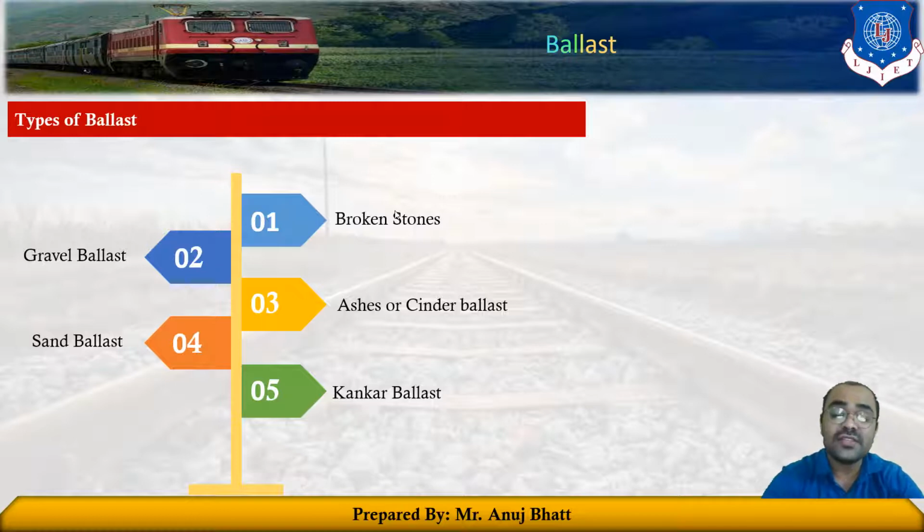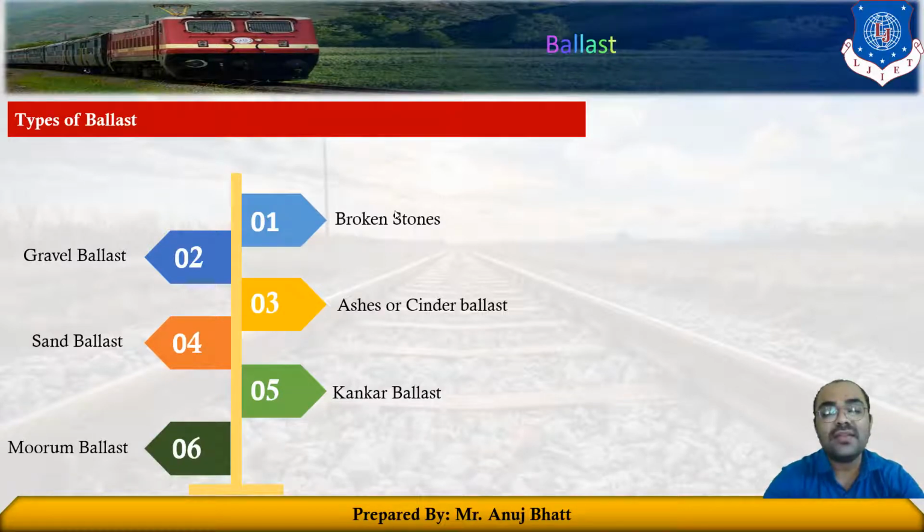The maintenance of such a track is difficult, and that's why conker ballast is used only in the absence of broken stones or gravel ballast. Another is the muram ballast. Muram ballast can be used as the initial ballast in new construction, and sometimes as the sub-ballast. It resists the entry of water, as it performs as a non-porous material.